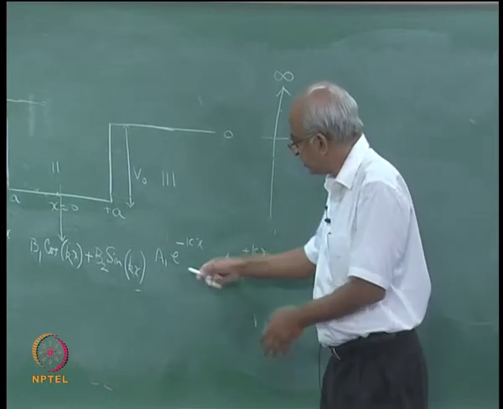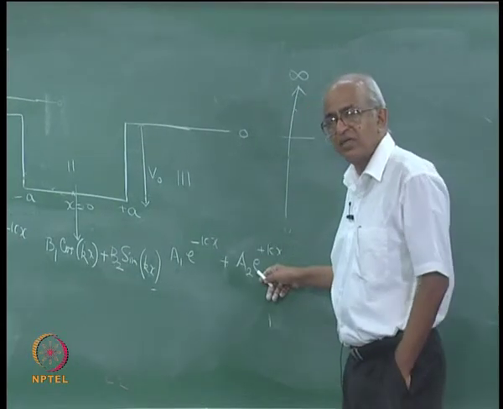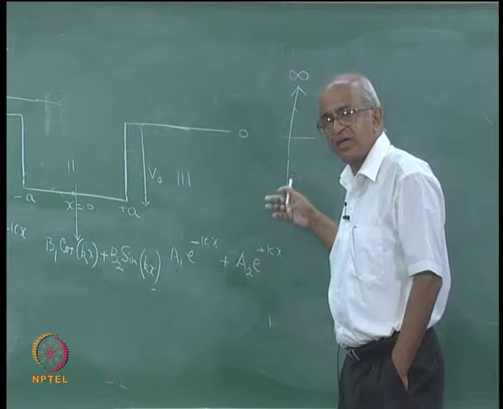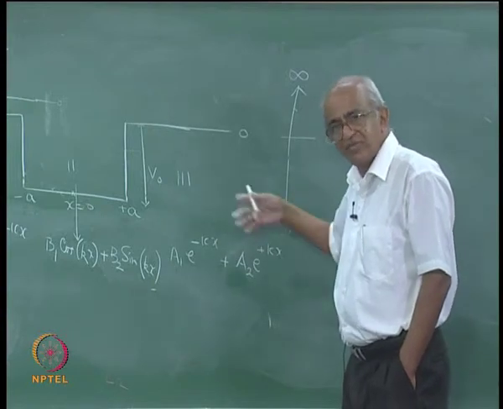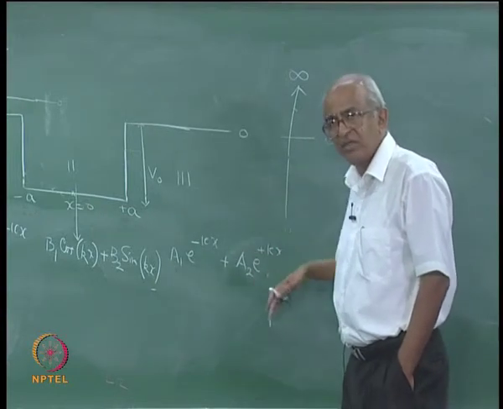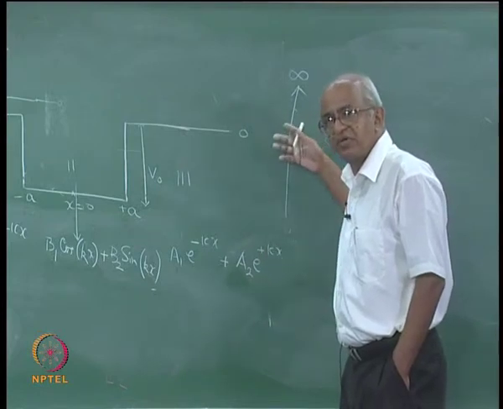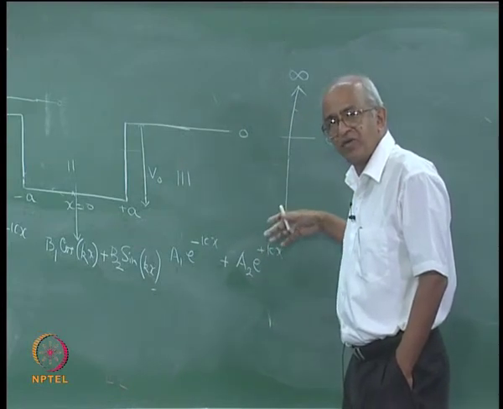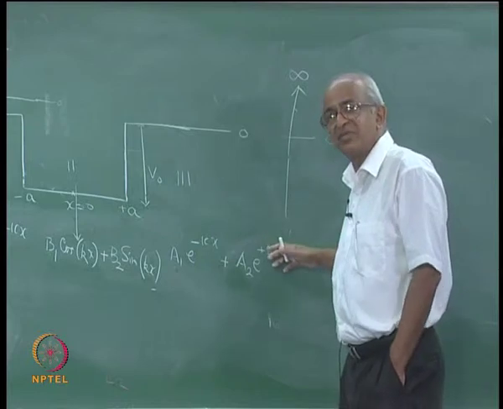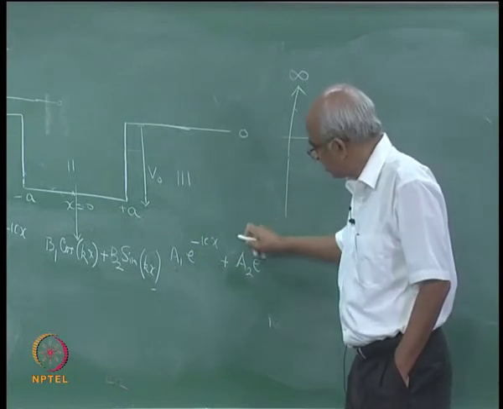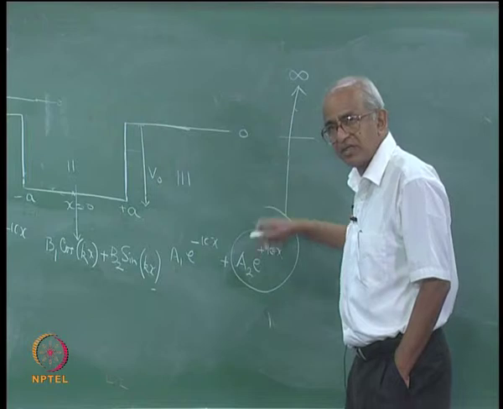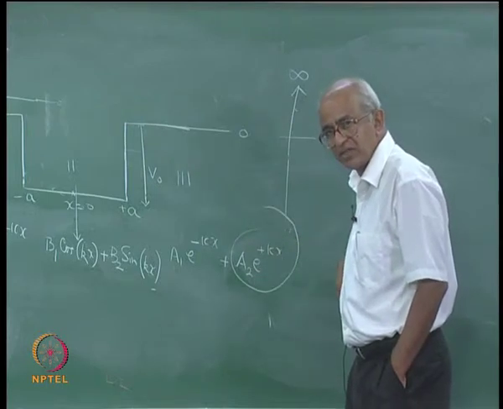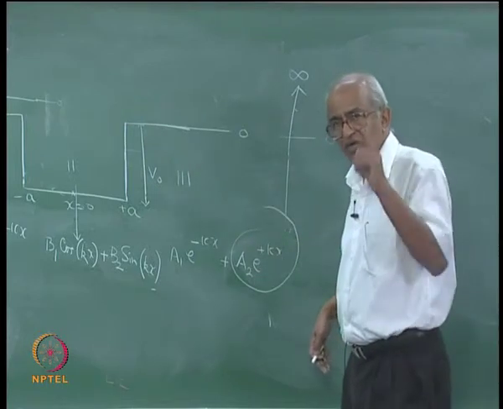So, if you said that this is your wave function, you are actually saying that the particle, as you go away from the box, is more and more likely to be found. In fact, the probability that it will be found at a very large distance is extremely large, because this will tend to infinity as x becomes infinitely large, and that behavior is not acceptable.